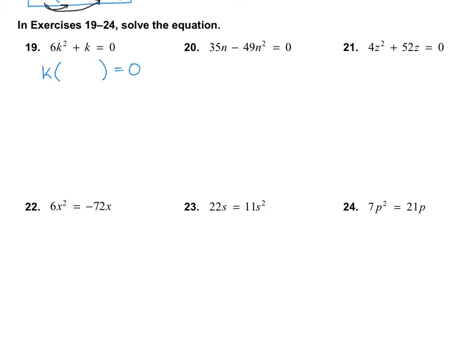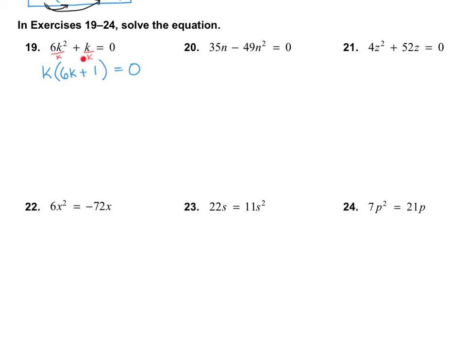Remember, it's kind of like dividing by k because it's the opposite of distributive. If we divide out a k, 6k squared divided by k would just be 6k. Now we have k divided by k, which is 1, so that would be plus 1. Again, double check this by multiplying it back in and seeing if you get what you started with.